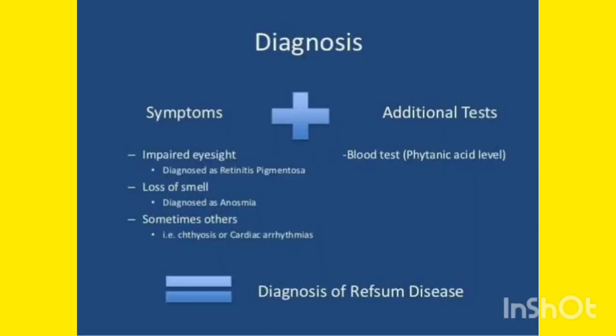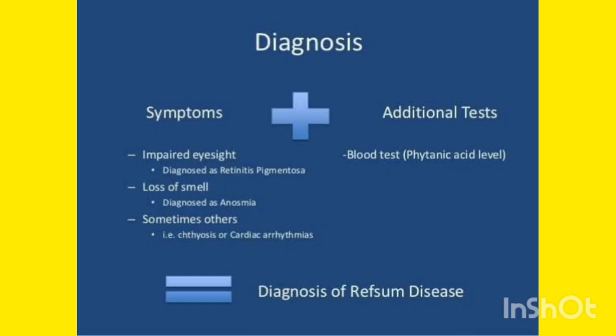Now, how can you diagnose this disease? Refsum disease has certain symptoms like eyesight problem. The person has impaired eyesight; the problem is retinitis pigmentosa. Remember RP, retinitis pigmentosa. And also loss of smell.